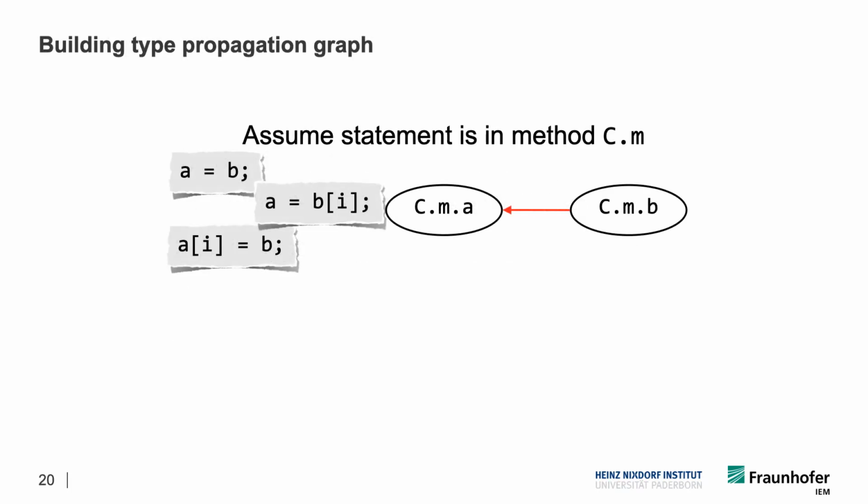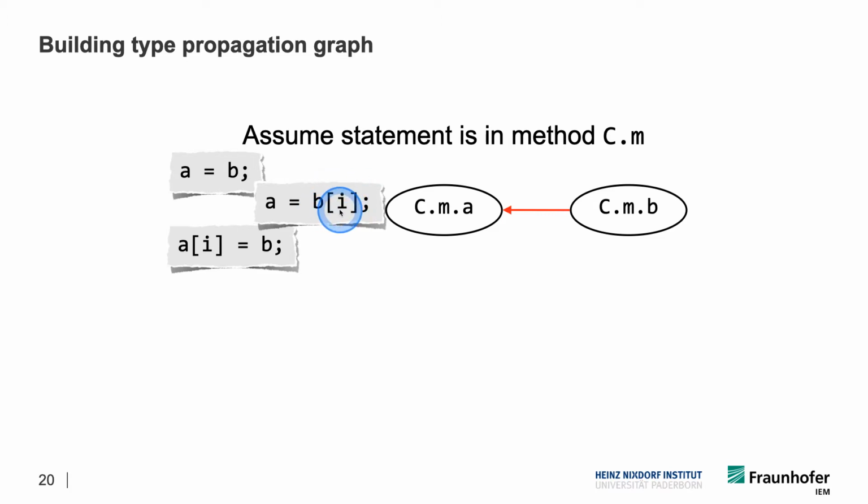When you build this type propagation graph, there are a few special cases. So I've shown you this very simple case where you have, let's say, a parameter A and B in a procedure C.M, right? If you have such an assignment here, you will have an edge from B to A, right? Because B is assigned to A. But in VTA, you will have the same edge also in the case where B is actually an array access, like here.